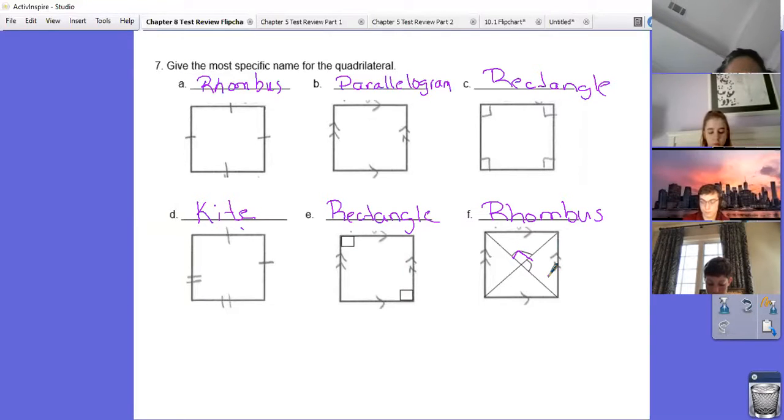Okay, any other questions, does that help, Donnie? Yeah, thank you. Any other questions on chapter 8 review? On part F, how do we know it's a linear pair? Because it makes a line. So if they're congruent because of the arcs, they both have to be 90. Okay. Yeah.